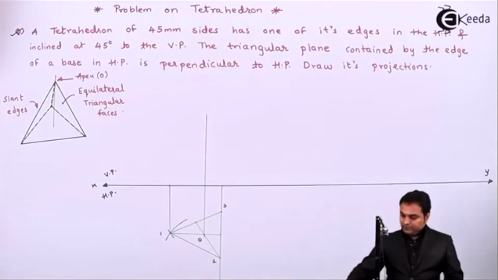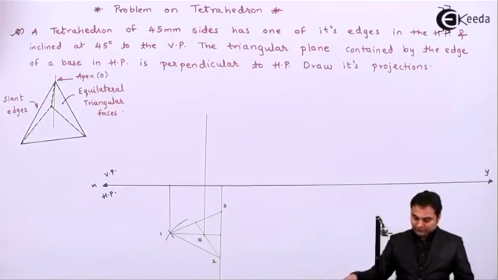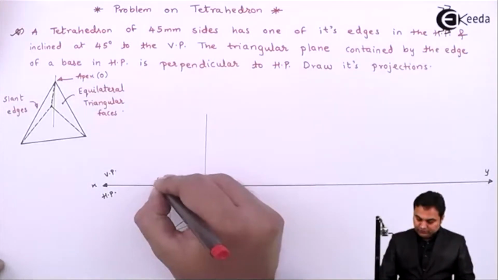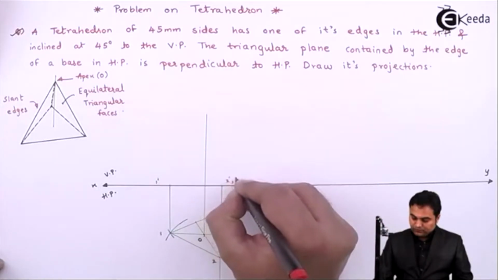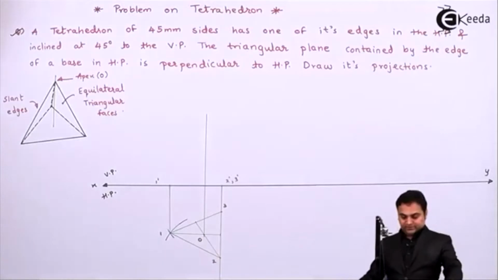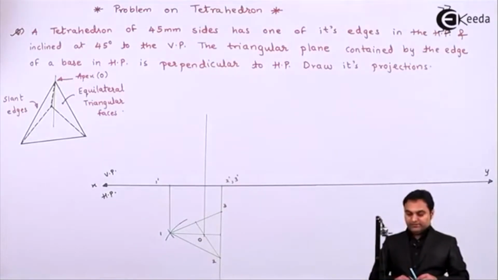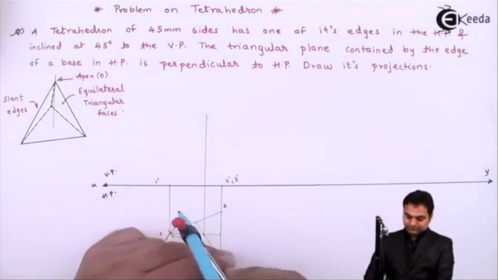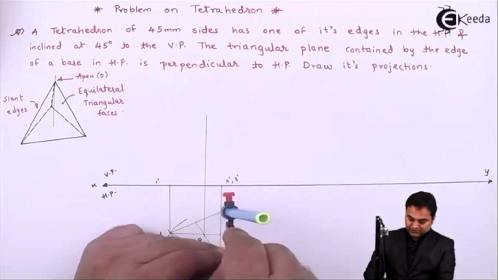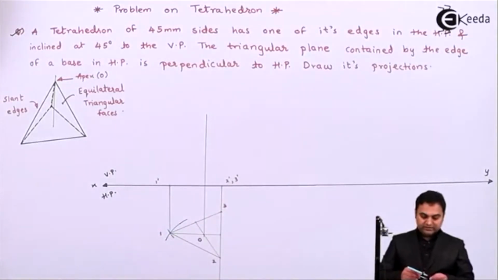Then I'll give the notation in the front view. Here this is point 1 dash. Here we have 2 dash, comma 3 dash. Next, I need the height of this tetrahedron, and for that purpose I am going to measure this 45 mm side since it is an equilateral triangle.